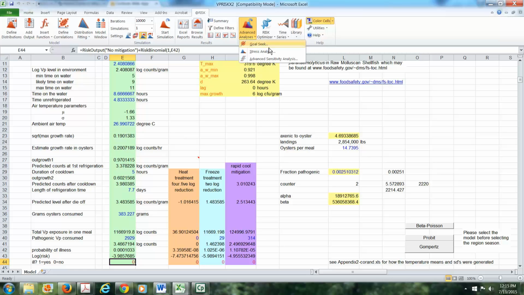We looked at the stress analysis, which enables you to limit the sampling from selected distributions to specific ranges so that you could see what happens to your outcomes if you stress the inputs. And then we just looked at the advanced sensitivity analysis. So that gives you 4 options within @RISK for doing some sensitivity analysis.